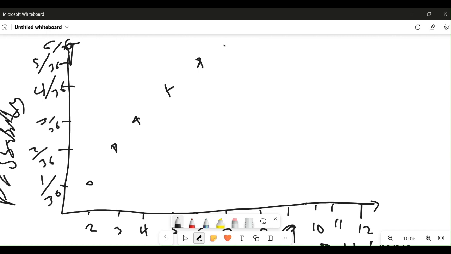But having a sum of seven, that's 6/36. Probability of having a sum of 8, that's 5/36. Sum of 9, that's 4/36. 10, that's 3/36. 11, that's 2/36. And 12, that's 1/36.